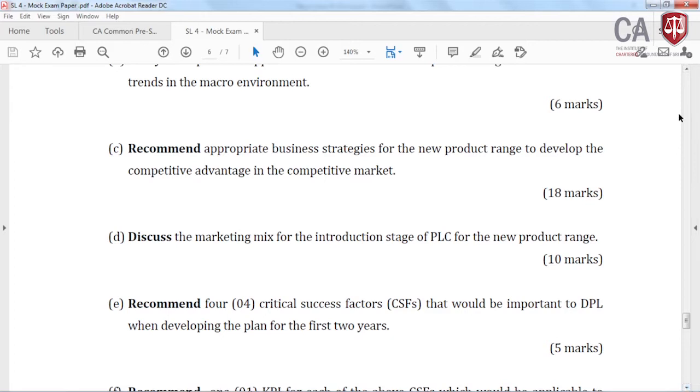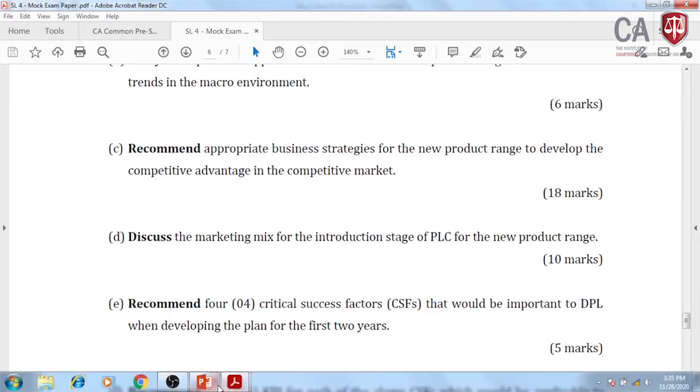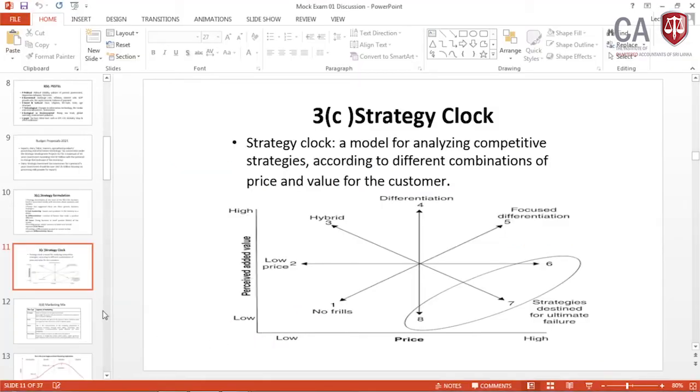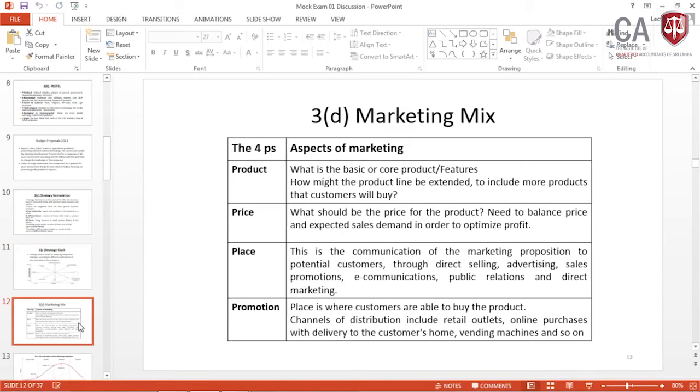Right. So, you have learned about the product life cycle concept. This part D tests your knowledge on the product life cycle concept plus the marketing mix variables.